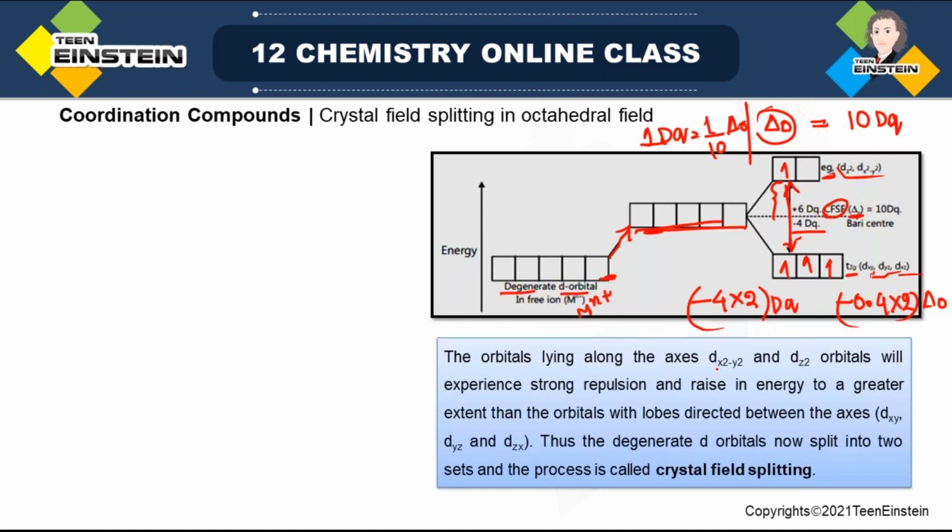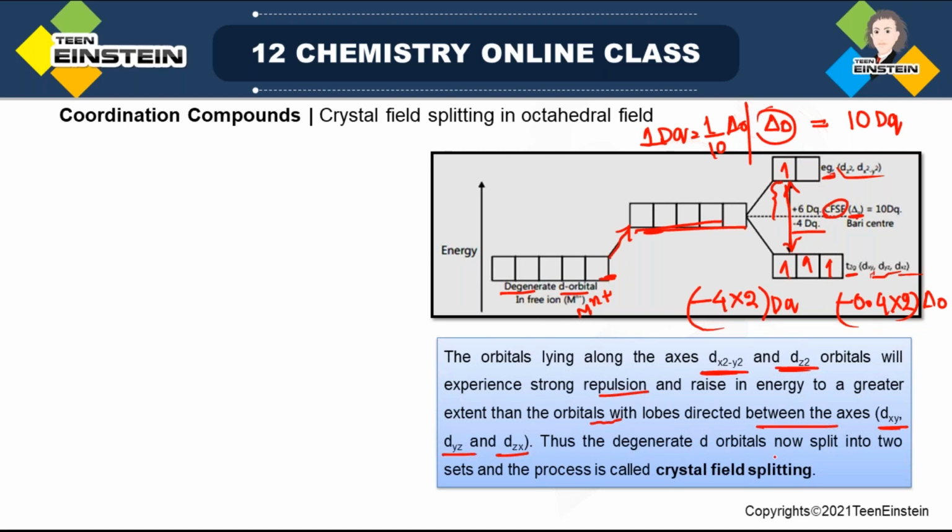The orbitals lying along the axis, that is this Eg set, will experience strong repulsion with the negative charge of the ligand, right? And there will be a raise in energy to a greater extent than the orbitals with lobes directed between the axis. Now, which lobes are directed between the axis for the T2G set?